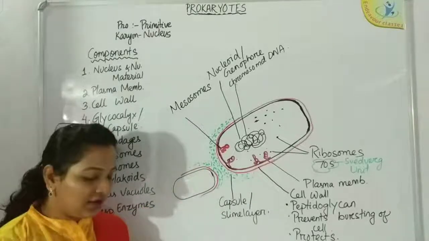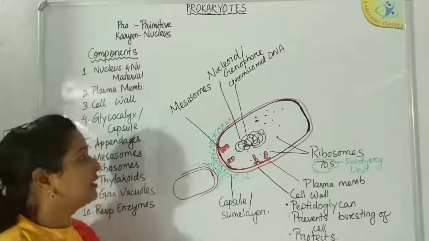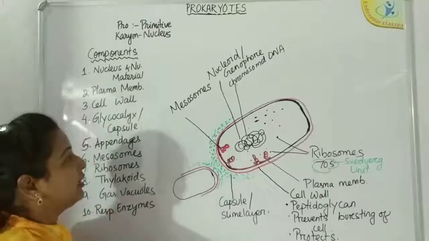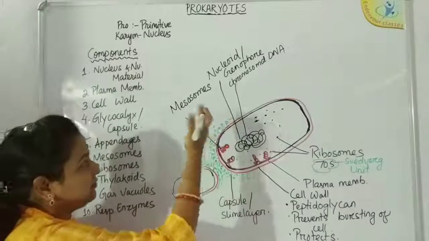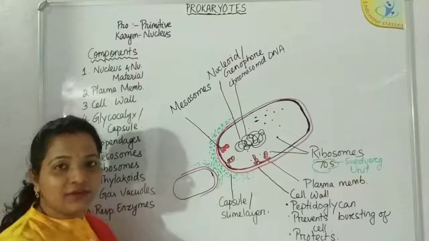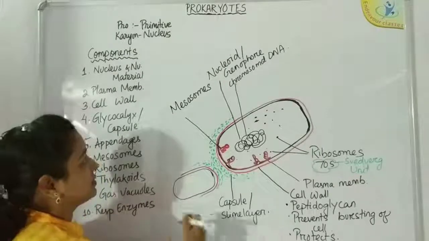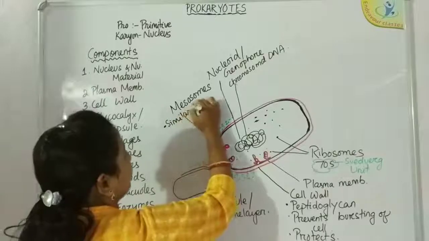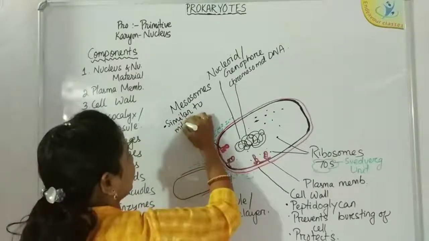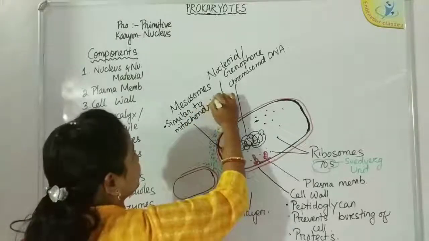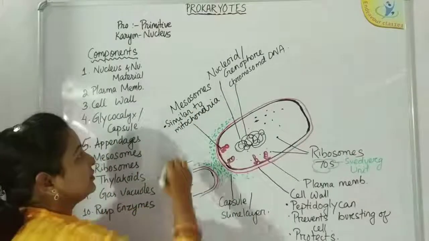Mesosomes usually contain respiratory enzymes, so they help in the process of respiration. The function of the mesosomes is similar to that of the mitochondria in eukaryotes. They also help during the process of conjugation.